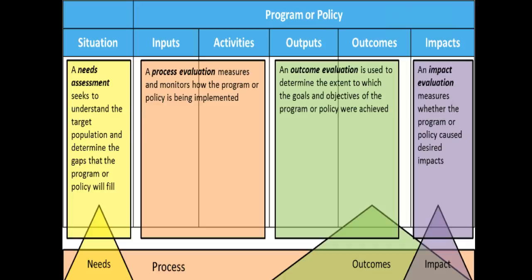An outcome questions or outcome evaluation is used to determine the extent to which the goals and objectives of our program are being achieved. And then finally, the impact evaluation or impact questions measure whether our program has caused the desired impacts that we said. These are our ultimate goals, sometimes included in our mission statement as well.